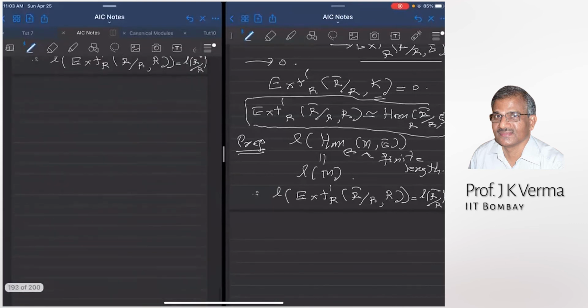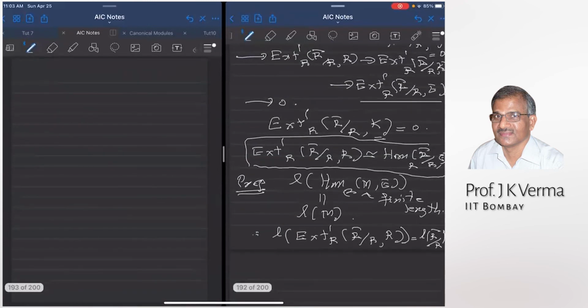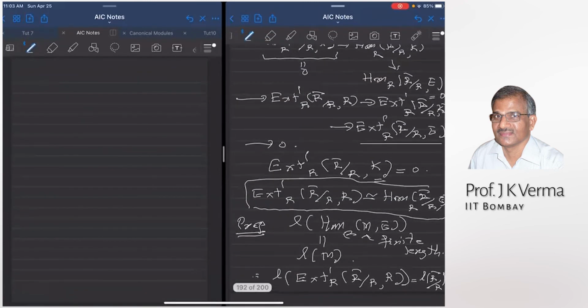Now I have to capture the length of R over C. So I have captured the length of R bar over R in terms of the length of Ext^1(R bar over R, R). Now we want to look at the other way of computing the Ext. I already used the injective resolution of R to calculate this Ext, and now I will not use the injective resolution of R. I will just work with an exact sequence involving R and R bar.